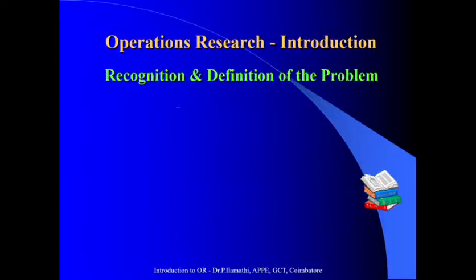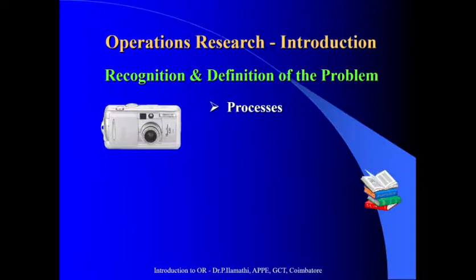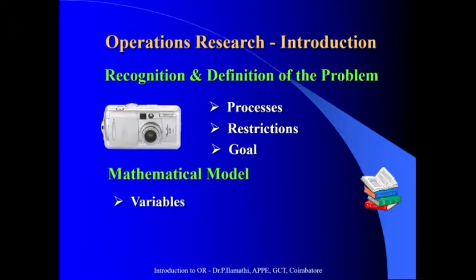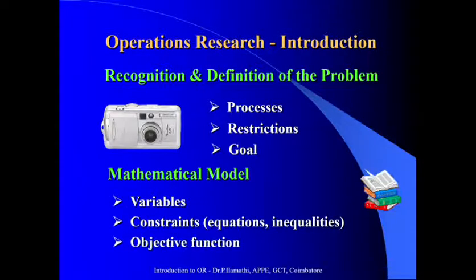The second phase is the formulation of the problem. In that second phase, we have to identify all the processes involved in the industry, and we have to identify the restrictions available, that is the limitations available, and then we should know the goal of an industry. These three parameters will be converted into variables, constraints and objective function in the mathematical model.